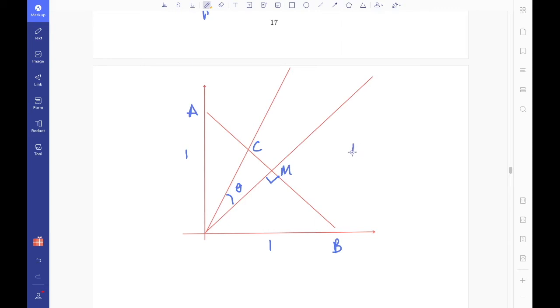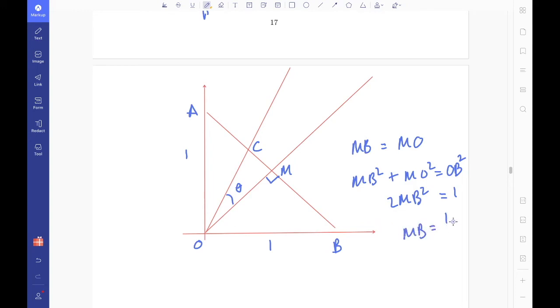So MB squared plus MO squared equals OB squared, just using Pythagoras. So that's equal to 1 and 2 MB squared, because MO squared is MB squared. So MB and MO are equal to 1 over root 2. Okay, that makes perfect sense.